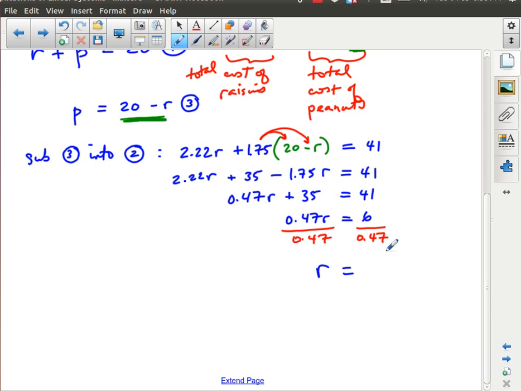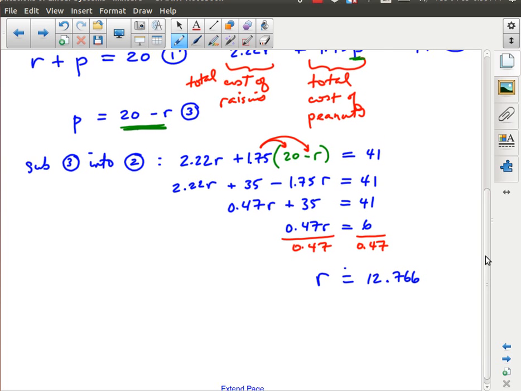I'm going to have to actually do an approximation here. So R is approximately 12.766. That's plenty of precision for what we're doing here. So R is approximately equal to 12.766.